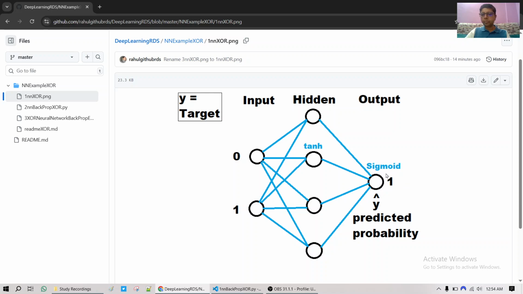And finally we have a single node output layer with the sigmoid activation function, and we are getting some predictive figure that will take us near to the y target.